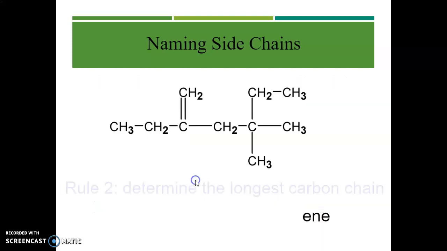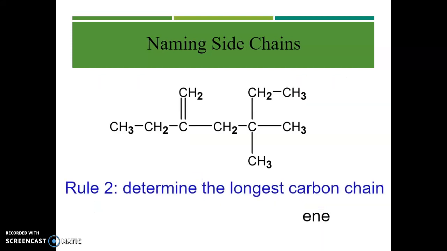Rule number one followed. Rule number two says we have to determine the longest carbon chain. So in order to do that, we just have to count. But remember, we have to include the double bond in that. So we know that 1, 2 is going to be included there. 3, 4, 5. This way, I'm only going to have 4, so I know that's not the longest. 1, 2, 3, 4, 5, 6.